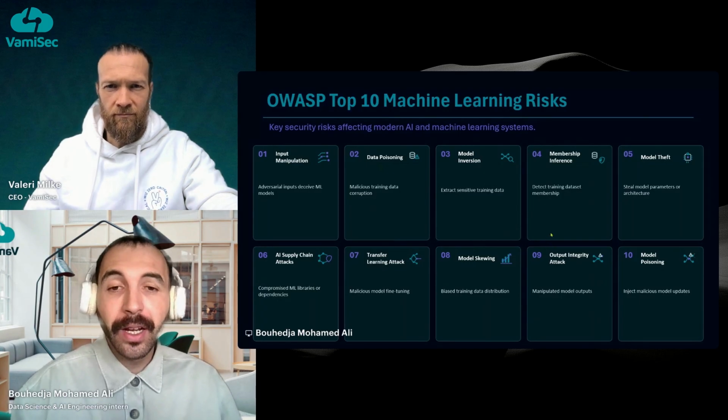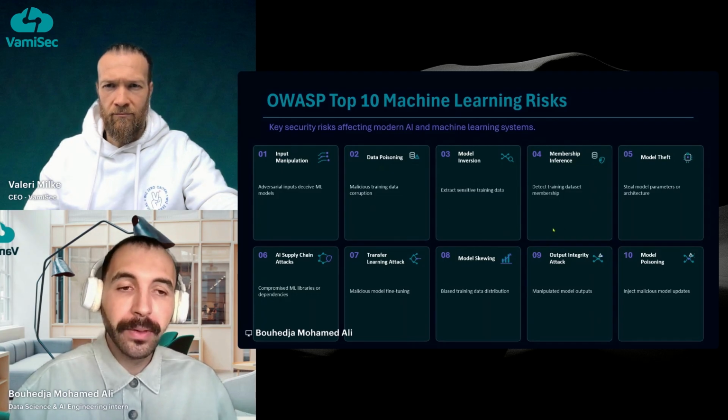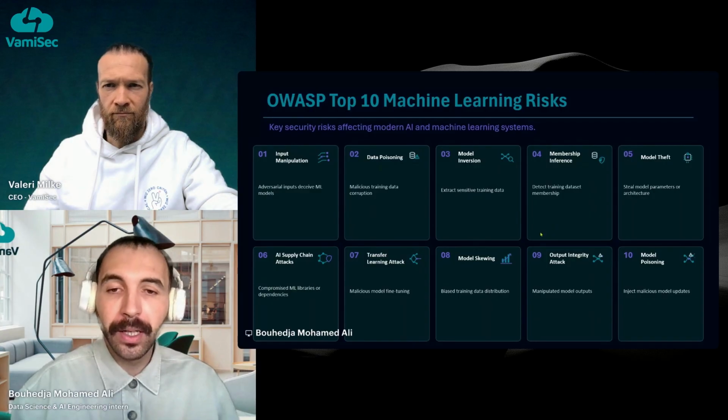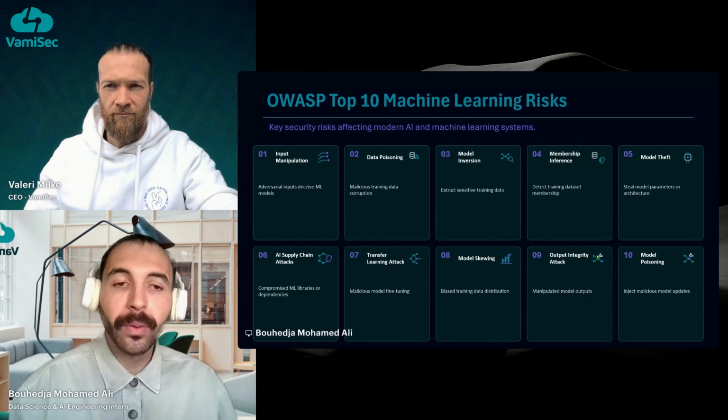There are also attacks that try to extract sensitive information from models, such as model inversion or membership inference, which can reveal details about the data used during training. Another category involves stealing or tampering with the model itself, including model theft, supply chain attacks, or malicious fine-tuning.